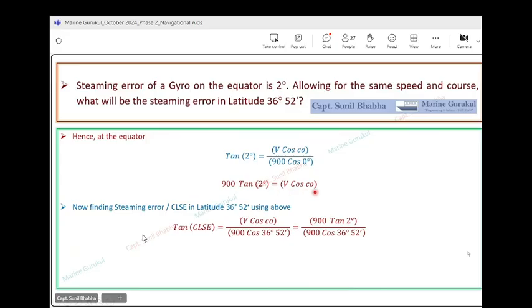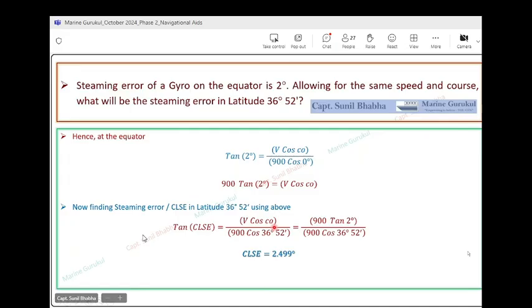So we get a value of the component V cos course. Now using this component of V cos course, we can find the steaming error in latitude 36 degrees 52 minutes. Applying the reduced formula once again, tangent of CLSE is equal to V cos course divided by 900 cos of latitude, which in this case is 36 degrees 52 minutes.